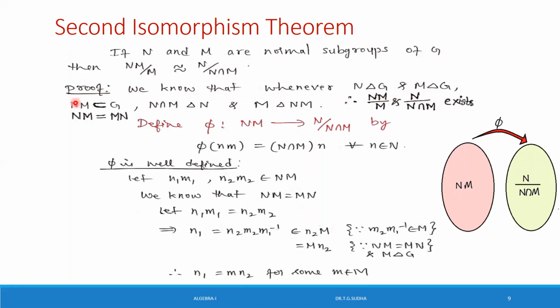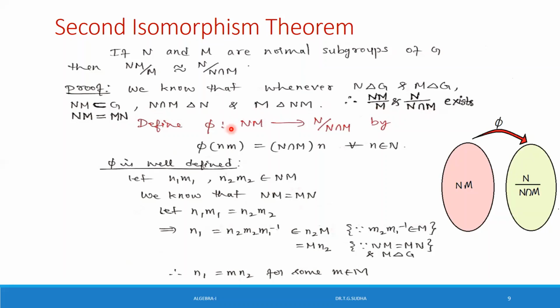That is, NM is a subgroup of G, N intersection M is normal in N, M is normal in NM, and NM is equal to MN. Therefore, we can think of NM/M, the quotient group, as well as N/N intersection M. Once again, this quotient group exists.